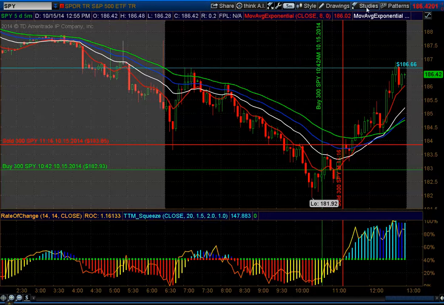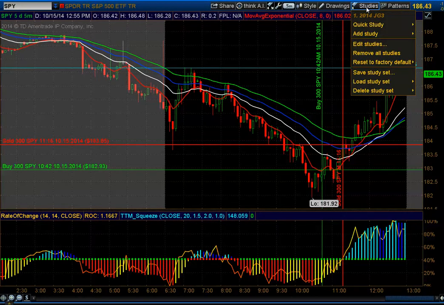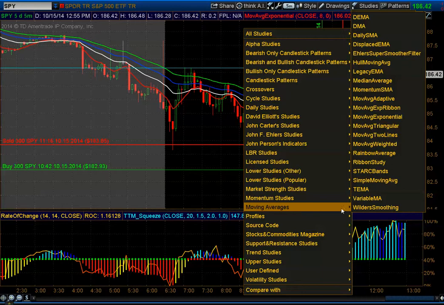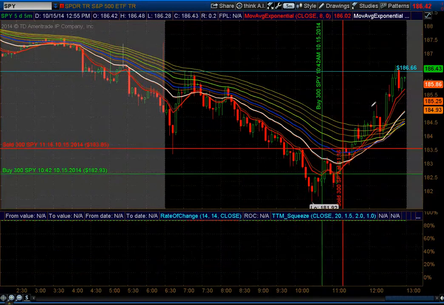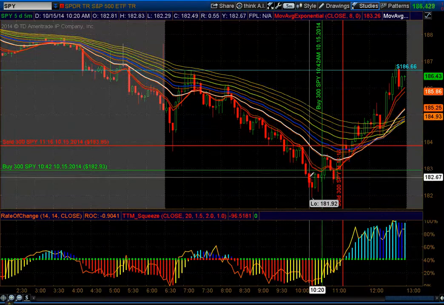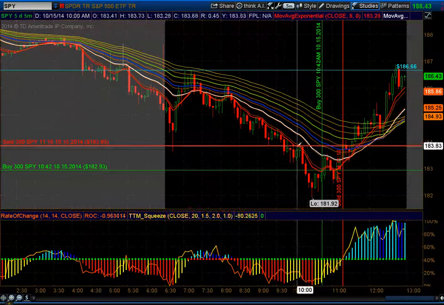Let me see real quick. We're at about 5 minutes. Maybe I could add a study. Moving averages. Go down to moving averages. Moving averages here. Exponential ribbon. You see this? You can add all these averages, including the averages I have.